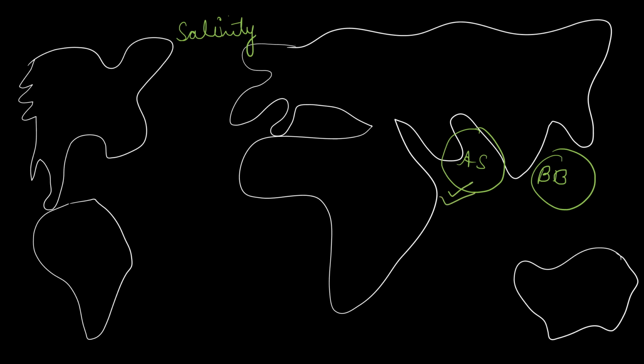The next example we are going to see is the Gulf of Mexico and the Mediterranean Sea. The Gulf of Mexico is in the tropical part.